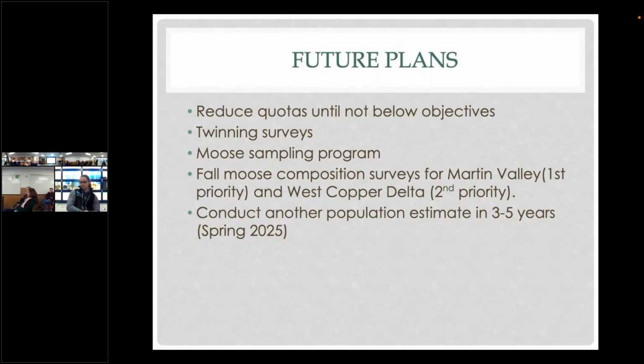Well, and that's the thing too, this area that we're talking about has antler restriction, so you're only able to shoot moose above a certain size. As a result, you're somewhat limited by the fact that the biology of that population is only going to allow a fixed amount of animals to get to that threshold.